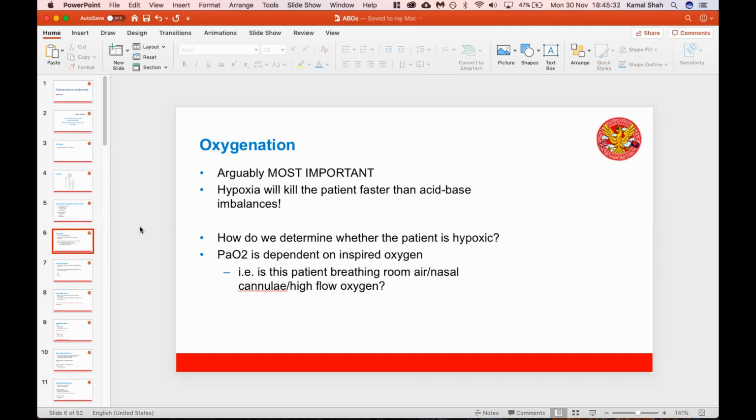So we should think to ourselves, is the patient breathing normal room air? Have we given the patient nasal cannula, or is there high flow oxygen being delivered? Depending on which form of oxygen is delivered, it changes the partial pressure of oxygen that we'll expect to see.